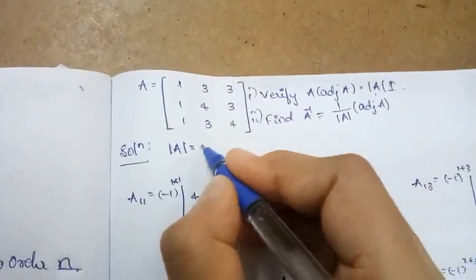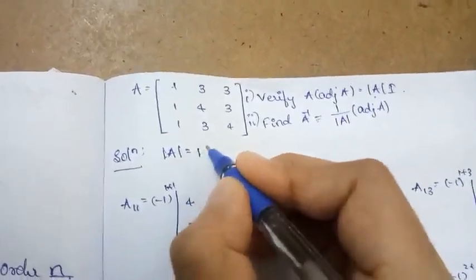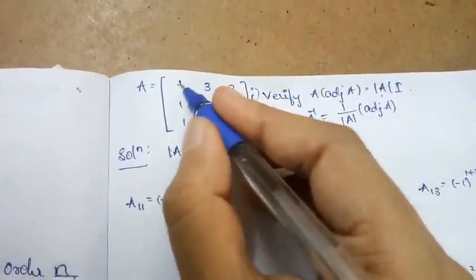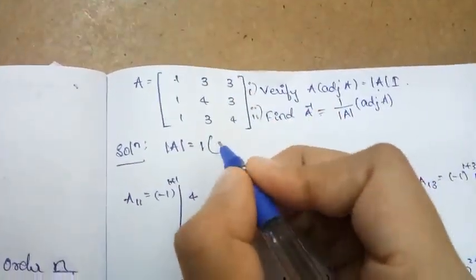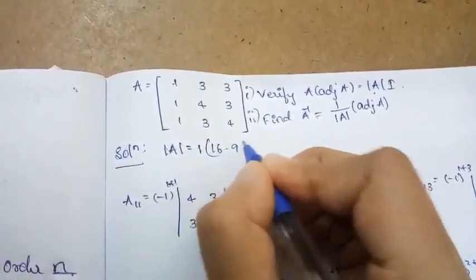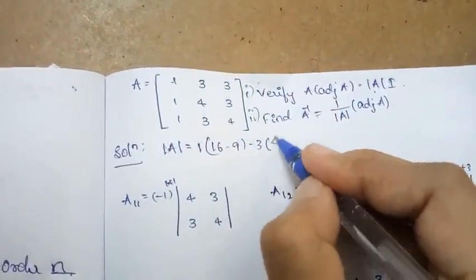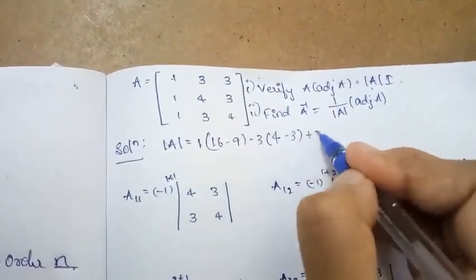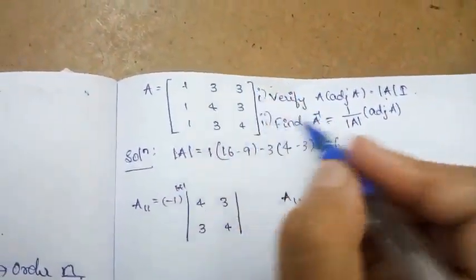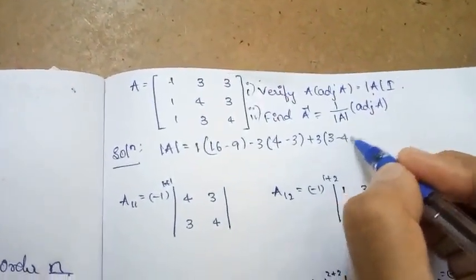I am expanding it through row 1, that is 1, 1, deleting the row and column. 4 4s are 16 minus 9, minus 3, deleting row and column, 4 minus 3, plus 3, deleting the row and column, 3 minus 4.